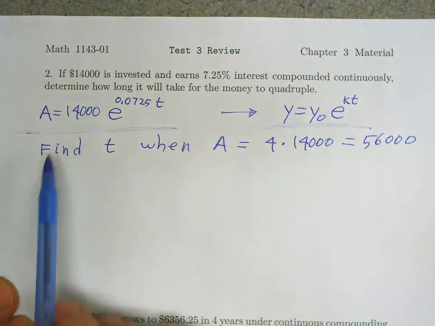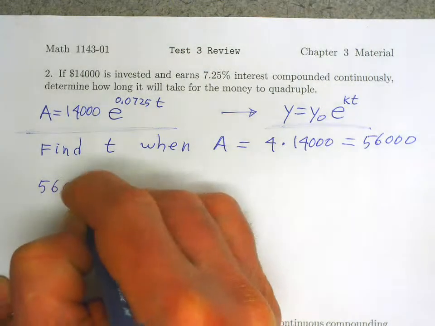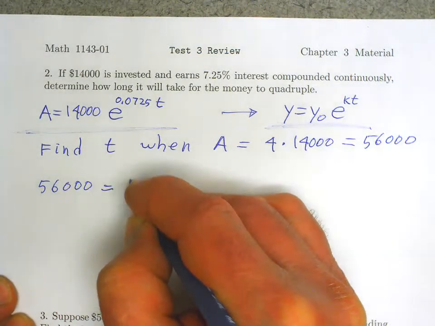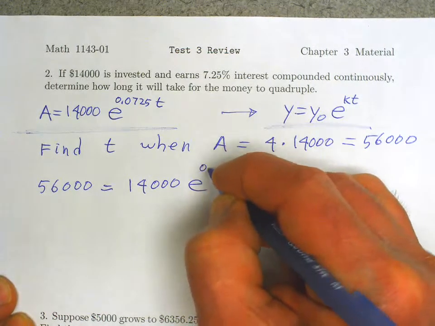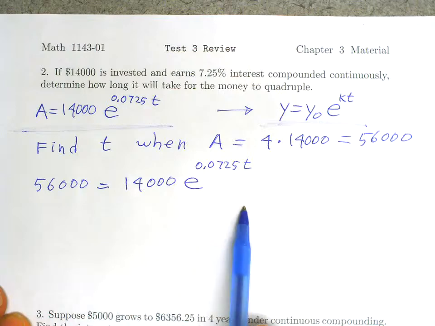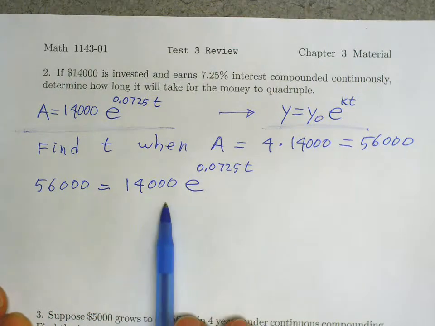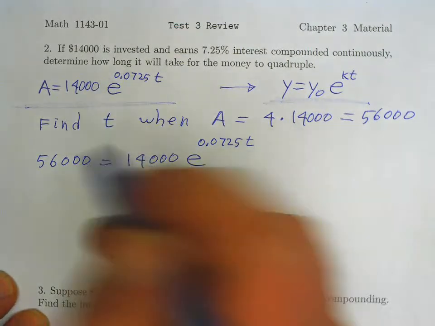So to answer that question, we replace A with 56,000. We set it equal to the function 14,000 times e to the 0.0725t, and then we solve for t. So first, divide both sides by 14,000. 56,000 divided by 14,000 is 4. We already know that.